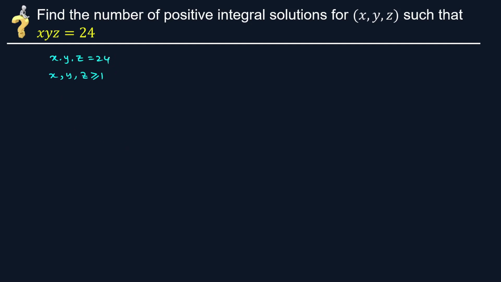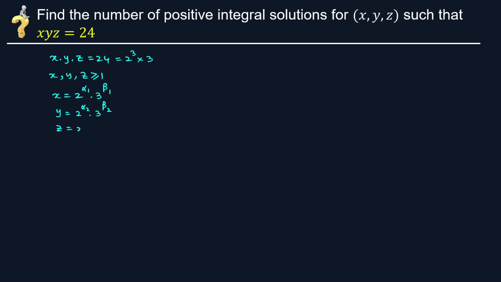See, if we factorize this 24, we are actually getting 8 into 3, that is 2 cube into 3. Now, the factor x can be, let us say, 2 to the power alpha 1 into 3 to the power beta 1. For y, it will be 2 to the power alpha 2 into 3 to the power beta 2.